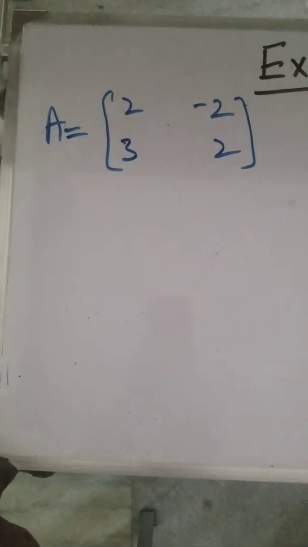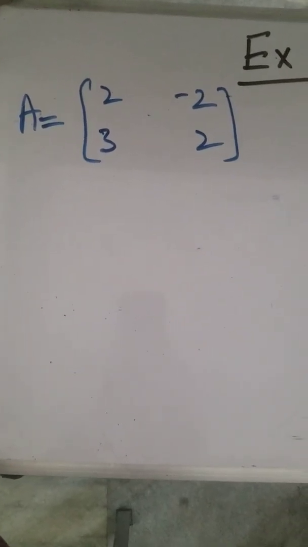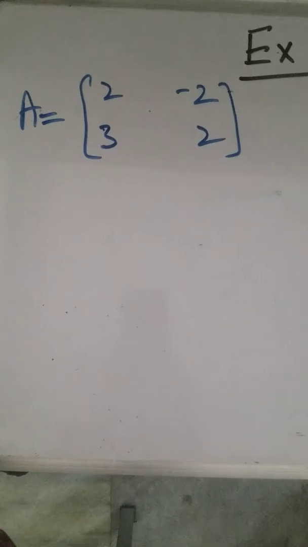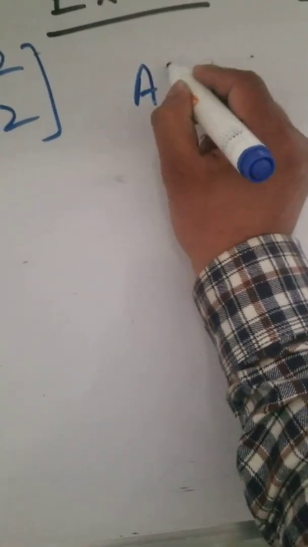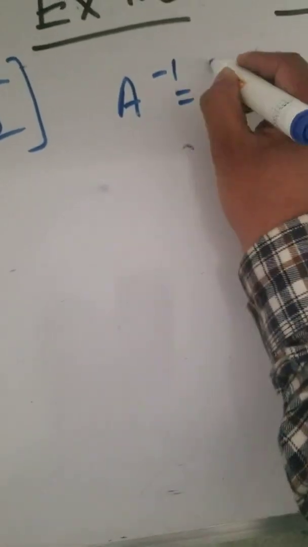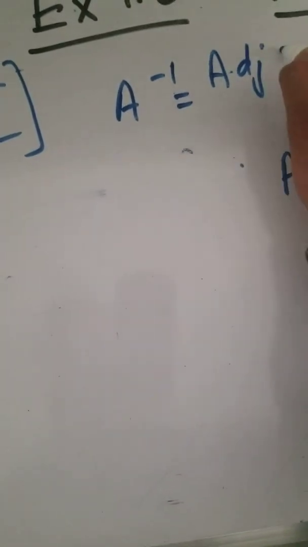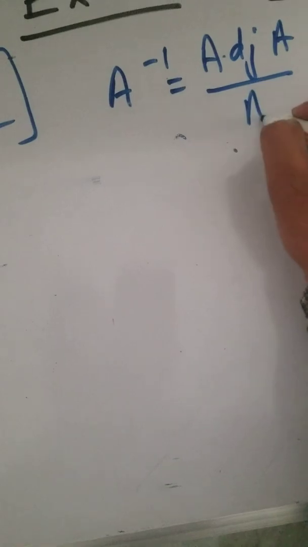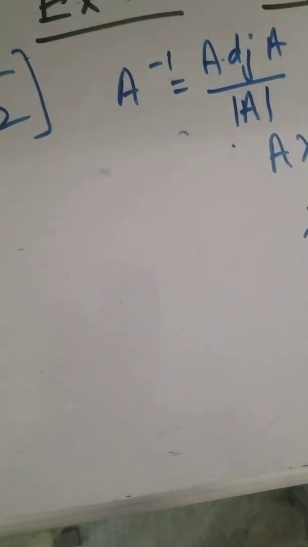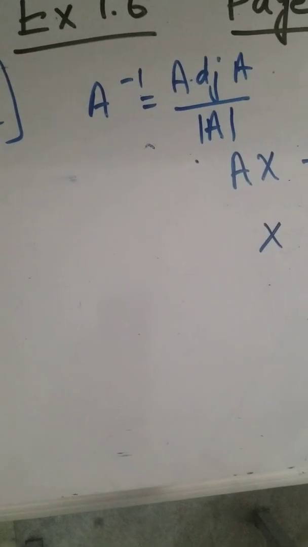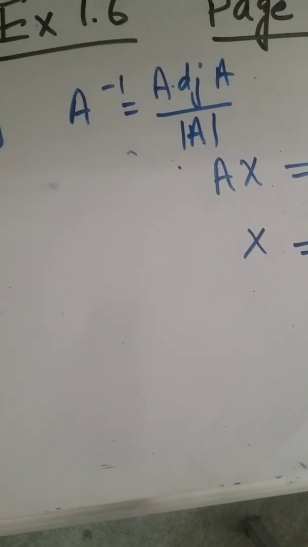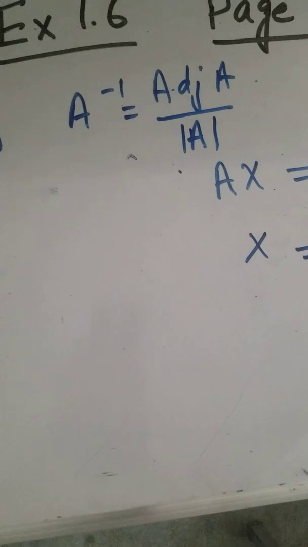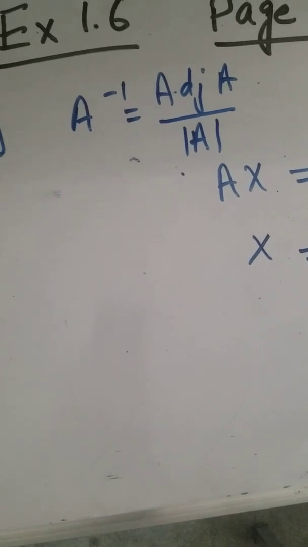First of all, we know the formula of A inverse is adjoint A over determinant of A. To find A inverse, we take the determinant first, because we find whether the matrix is singular or non-singular.